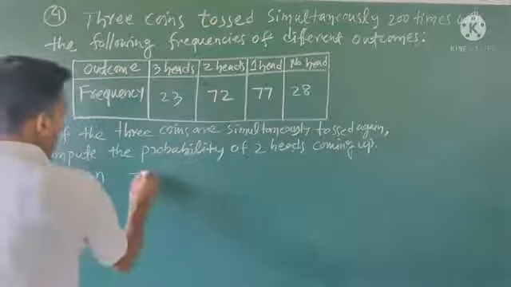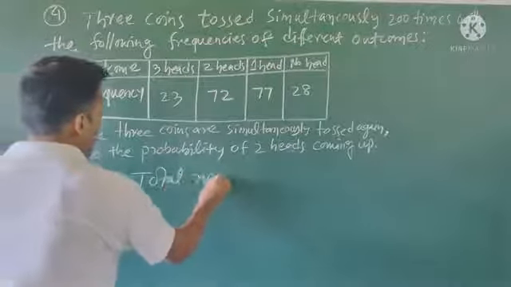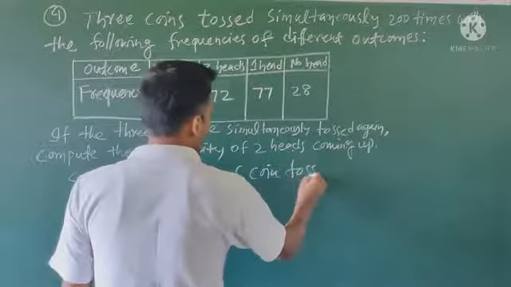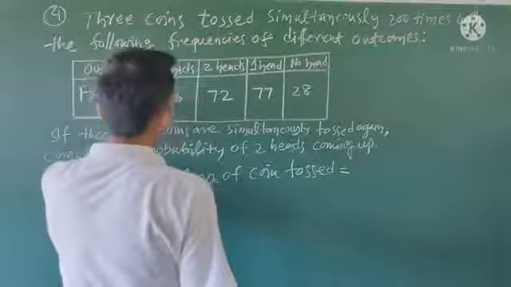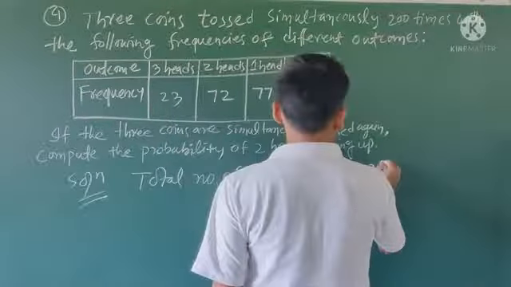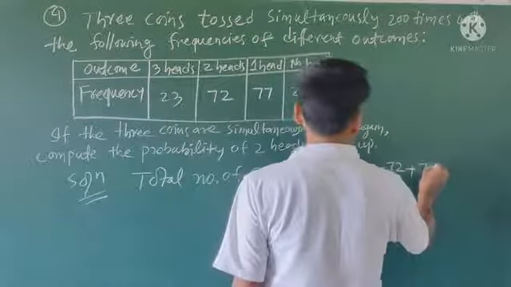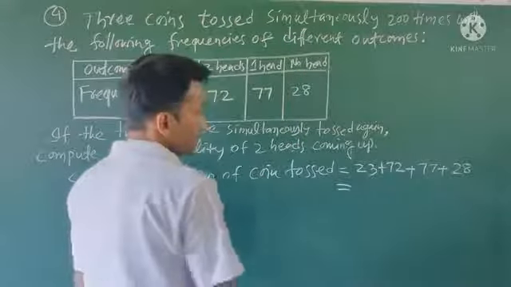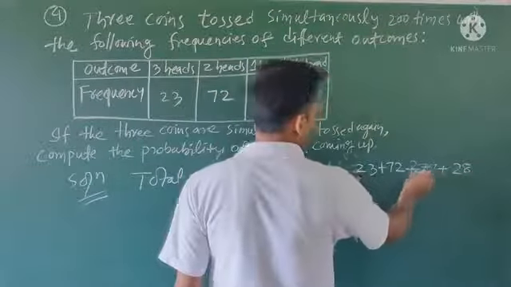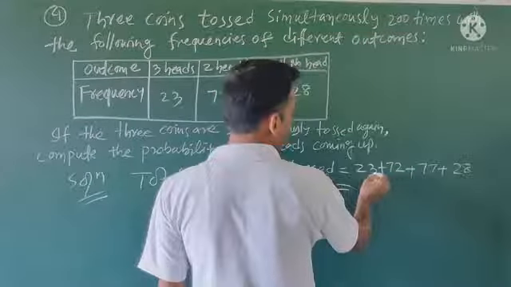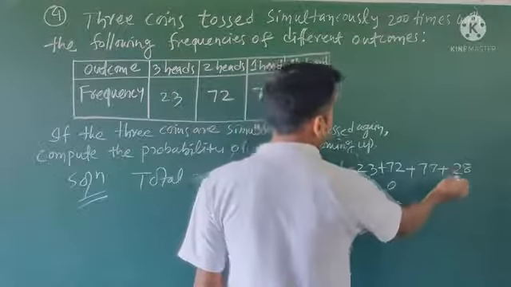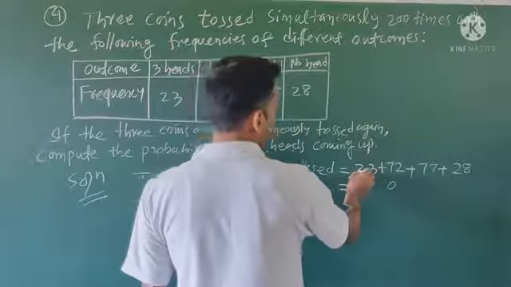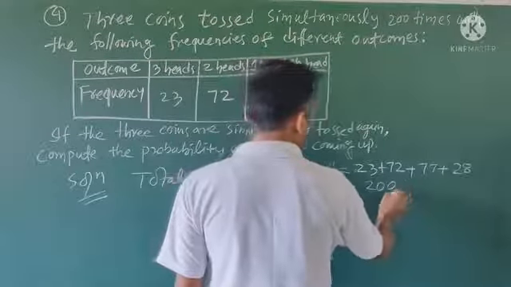So the total number of coin tosses, you add all: 23 plus 72 plus 77 plus 28. So 8 plus 7 is 15, 15 plus 2 is 17, 17 plus 3 is 20, 2 in hand. 2 plus 7 is 9, 9 plus 7 is 16, 16 plus 2 is 18, 18 plus 2 is how much? 200.